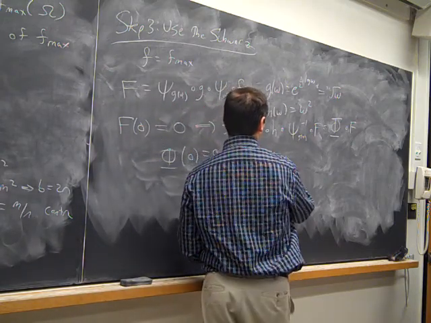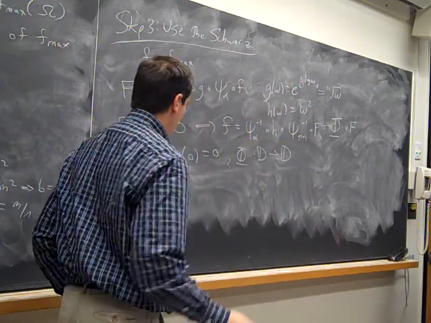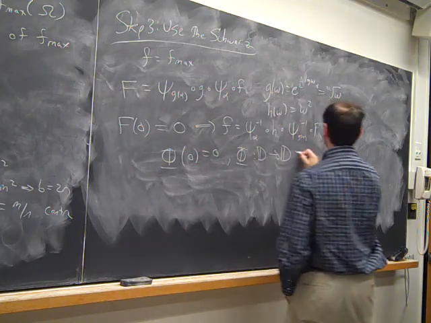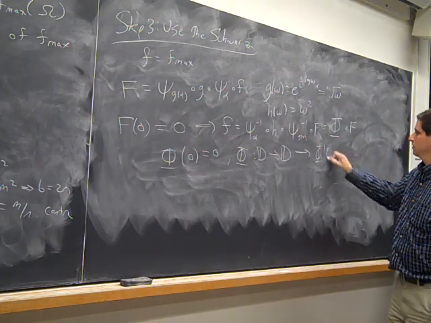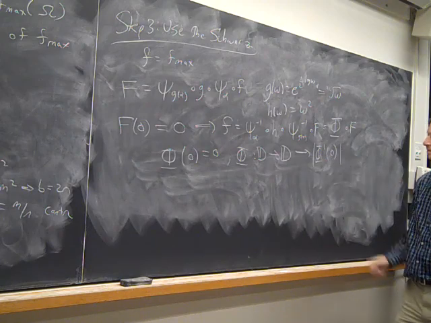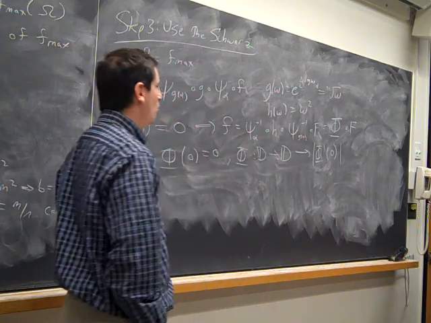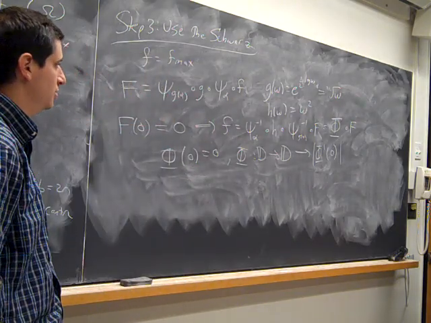Phi maps the disk to the disk. What can you conclude about phi prime of 0? I'm sorry? At most one. It's at most 1. The only way it can be 1 is if it's a rotation.